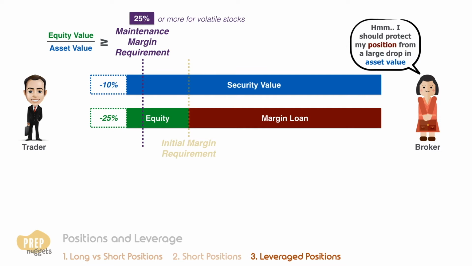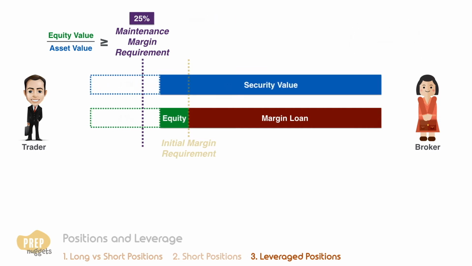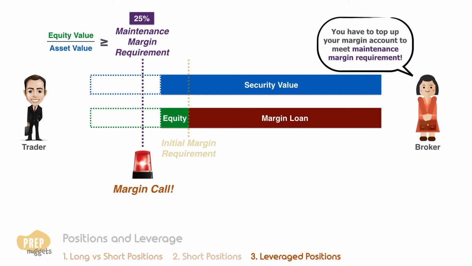If the percentage of equity in a margin account falls below the maintenance margin requirement, the investor will receive a margin call, a request to bring the equity percentage in the account back up to the maintenance margin percentage. An investor can satisfy this request by depositing additional funds or depositing other unmargined securities that will bring the equity percentage up to the minimum requirement. If the investor does not meet the margin call, the broker must sell the position.